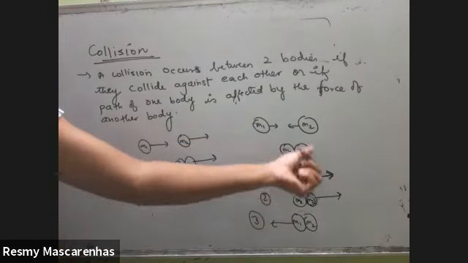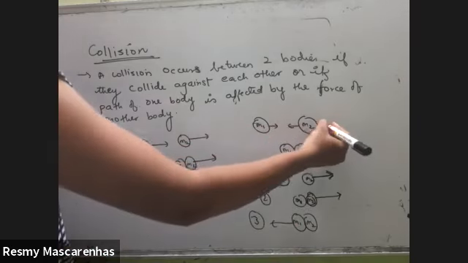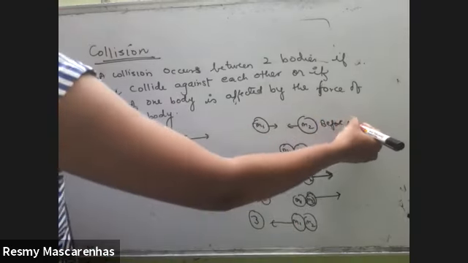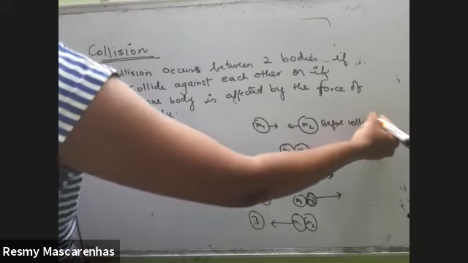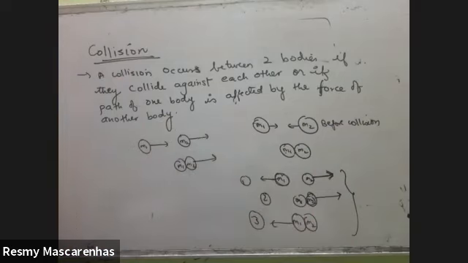They may move in the opposite direction from where they were initially moving. This was before collision. These are the cases which can happen after collision. Both may move in the same direction, or the other one may come in the opposite direction, or one may stop only. This one might stop, the other one might keep moving. Various things can happen during a collision.